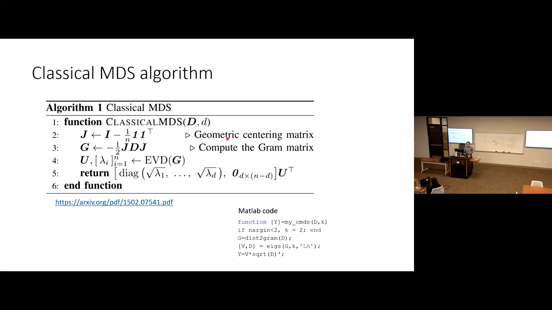We start with building this gram matrix, and then we do this, the centralized data, yeah. So this eigenvalue, eigen decomposition.